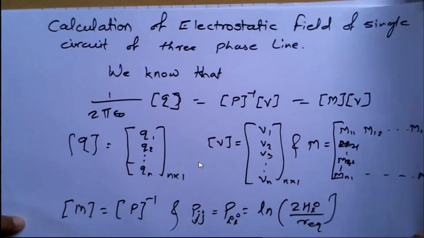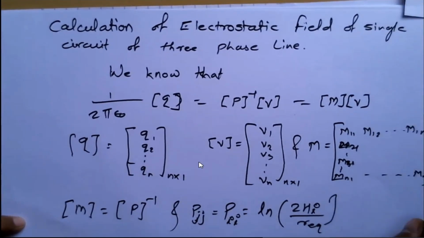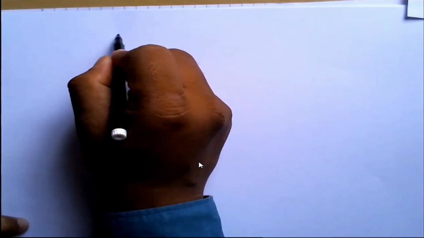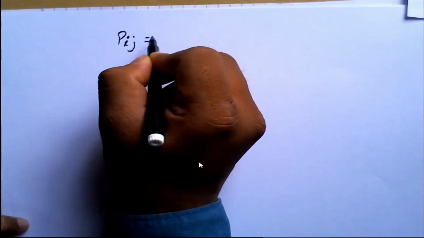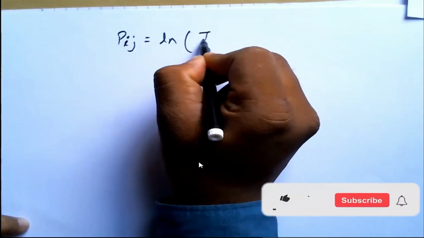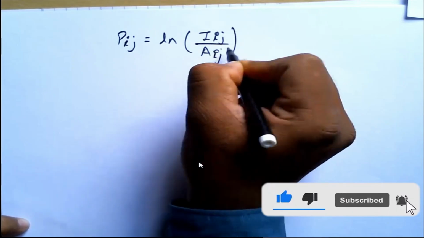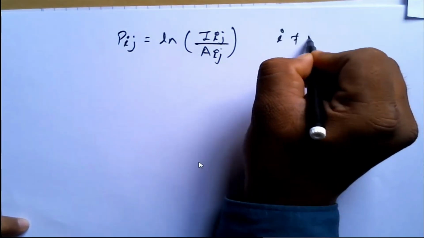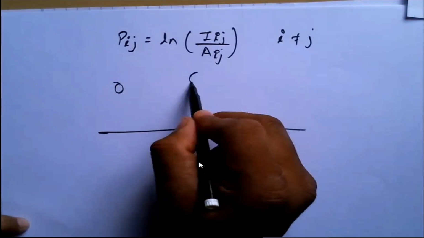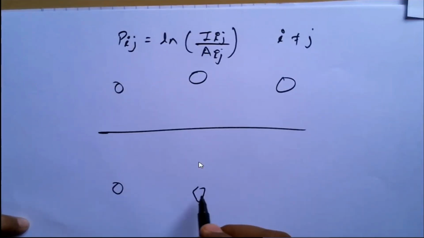Now this is the self coefficient, and if I am going to find out the mutual potential coefficient, P of ij, it is equal to ln of I of ij upon A of ij, where i should not be equal to j. You will remember we have considered these conductors above the ground.